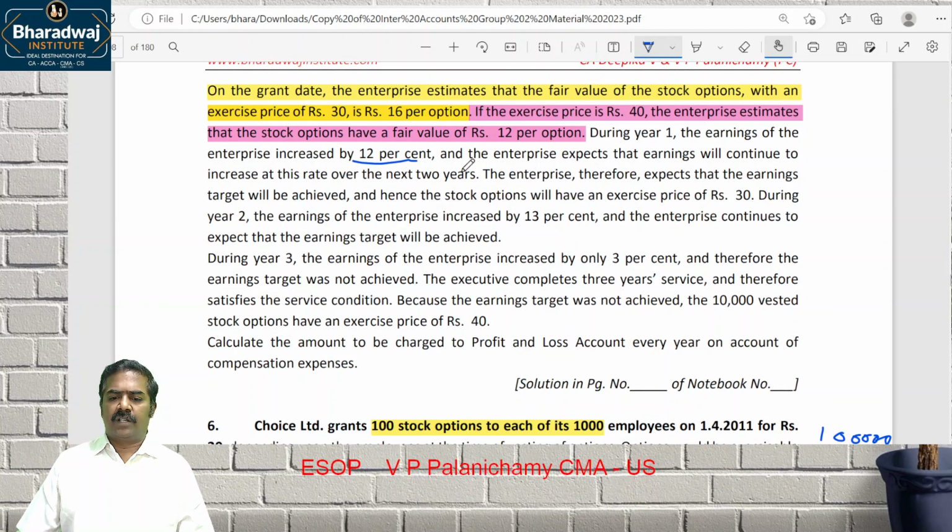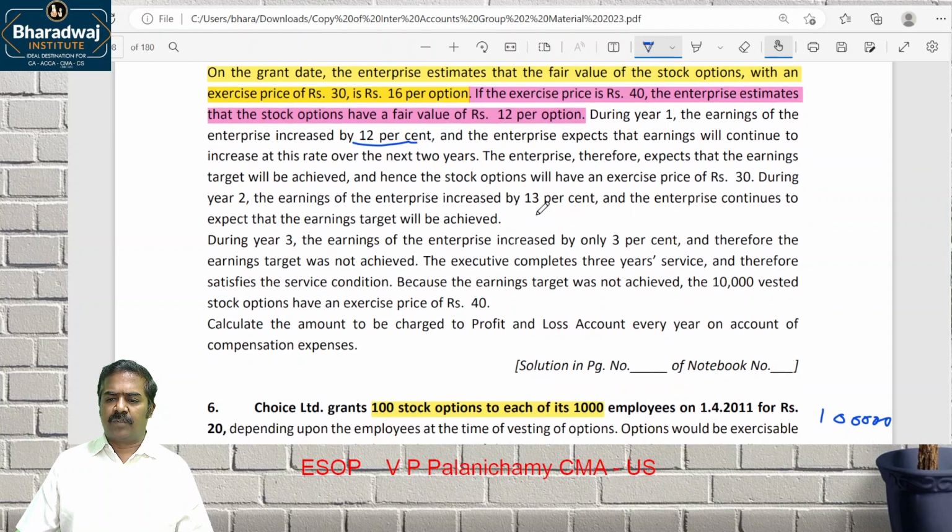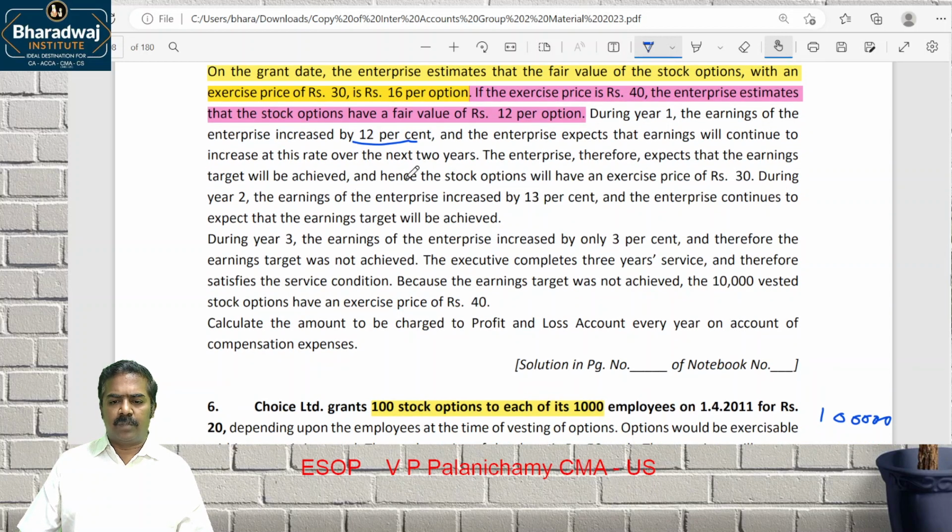The earnings will continue for 2 years. Therefore, they expect the target to be achieved. Hence, the stock option with an exercise price of 30 is valued. All these things are the estimates for the first year.